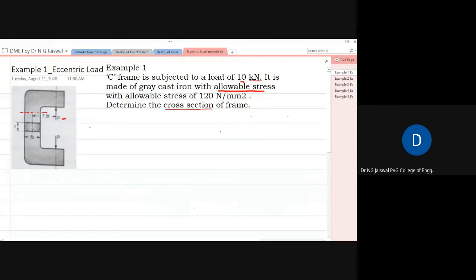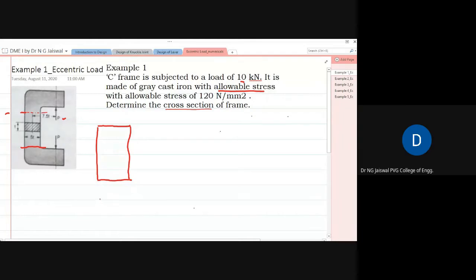How to solve this problem? Suppose I cut this, not physically, but for the sake of convenience I am drawing only this much part, this much bar, say a column.